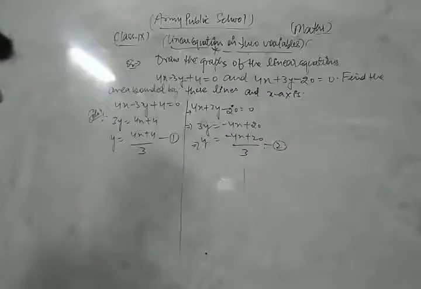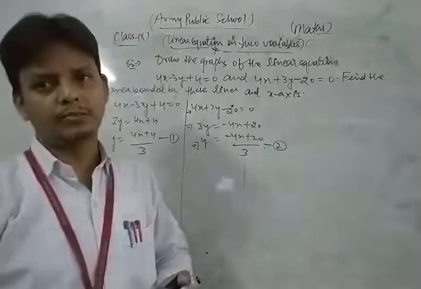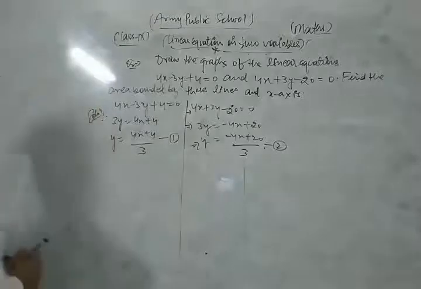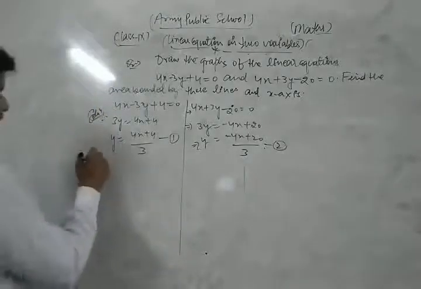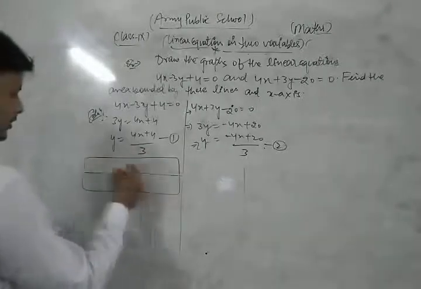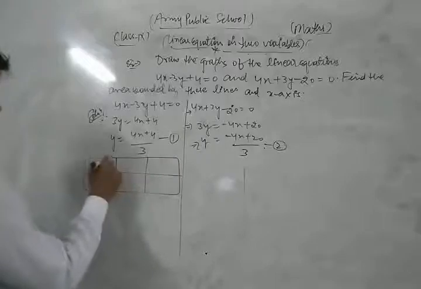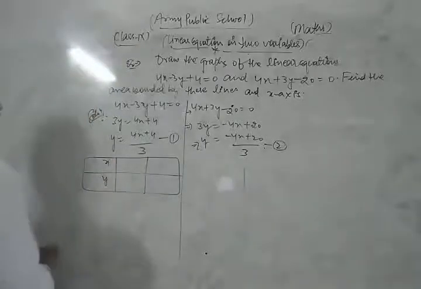Now from equations 1 and 2, first of all we get the required points which we plot on the graph paper. So look, first of all we draw the chart in this way. This is x, this is y.